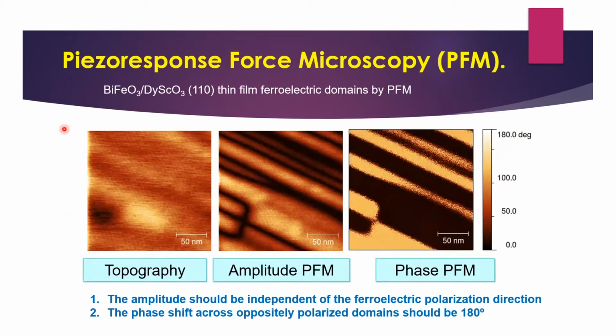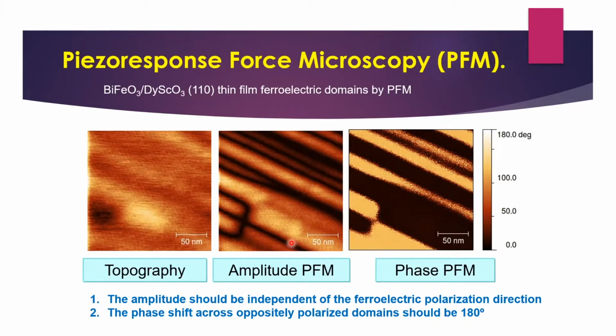For these measurements, the typical images that we obtain are the topography, amplitude, and phase. These amplitude PFM and phase PFM images need to follow two rules: the amplitude should be independent of the polarization direction, and the phase shift across oppositely polarized domains should be 180 degrees.